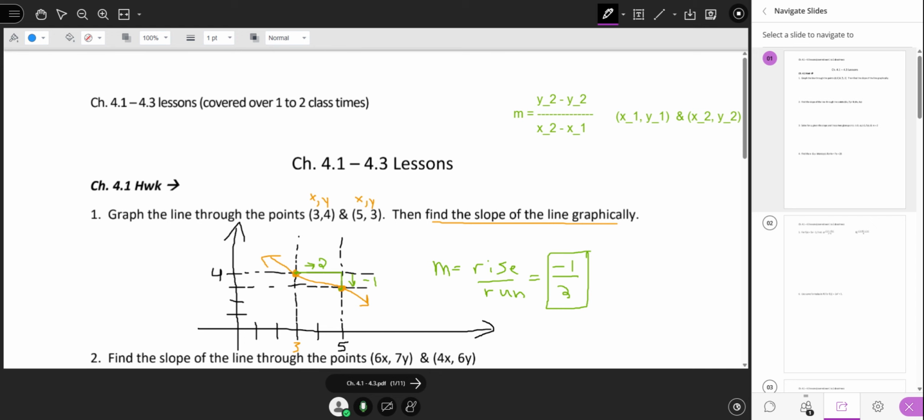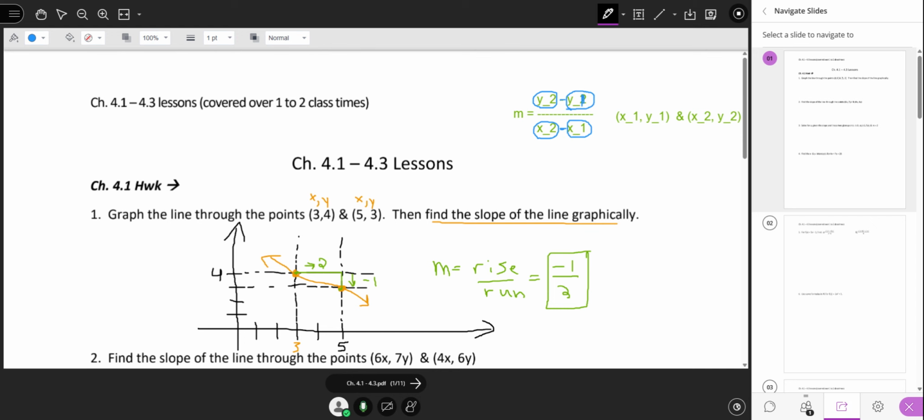So your second y value minus, I got a typo, minus your first y value, divided by your second x value minus your first x value.